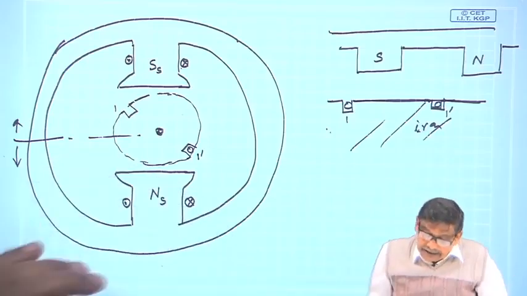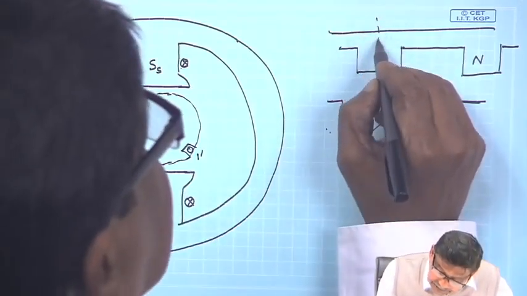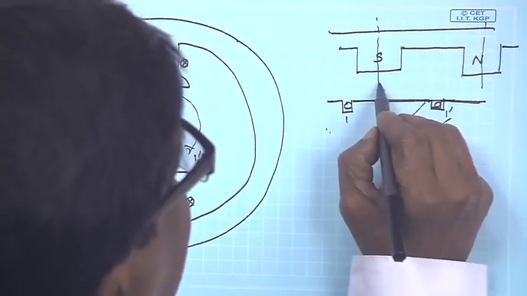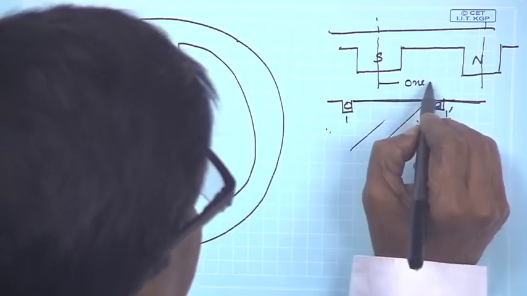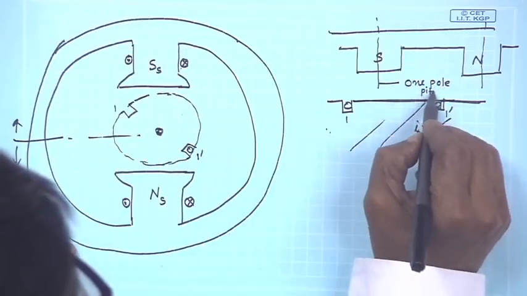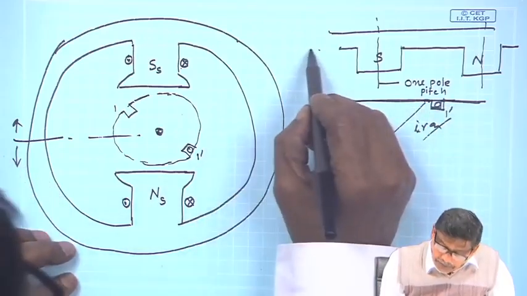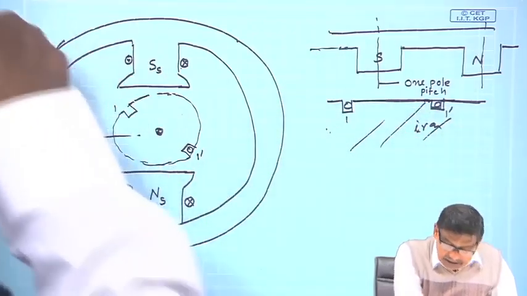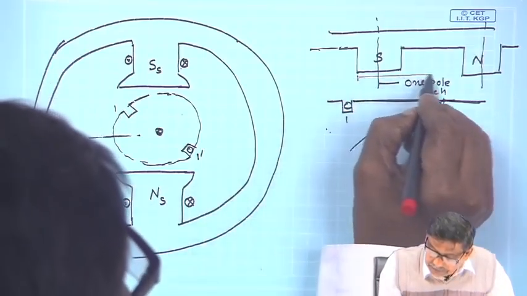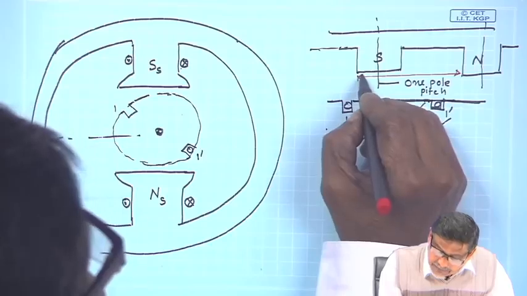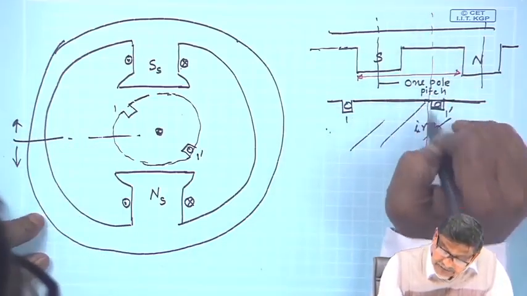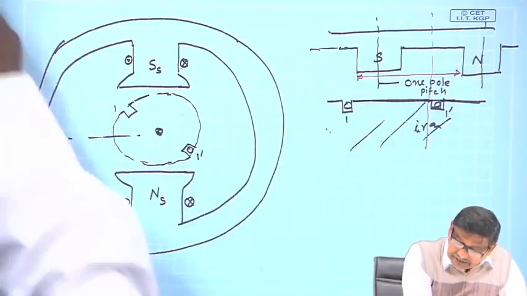Now, the distance between the center of the south pole and the center of the north pole is called one pole pitch. Obviously this distance is also a pole pitch, this to this, same thing, because it is circular.